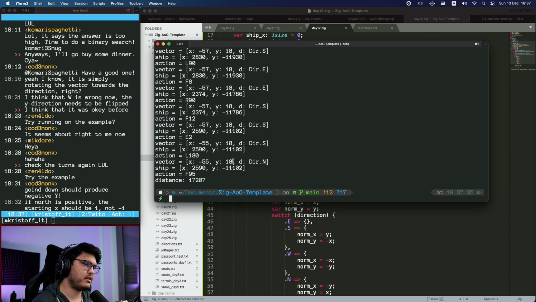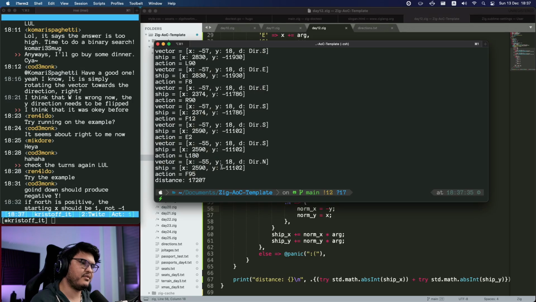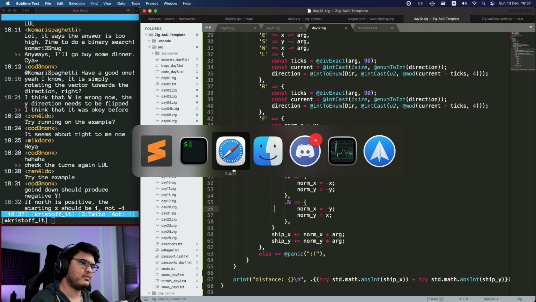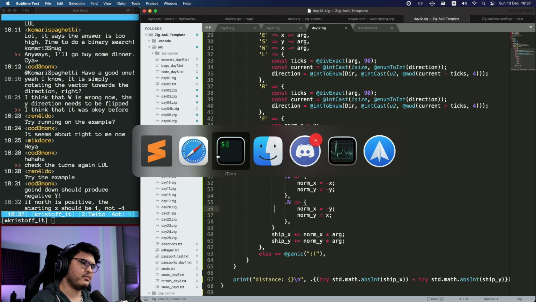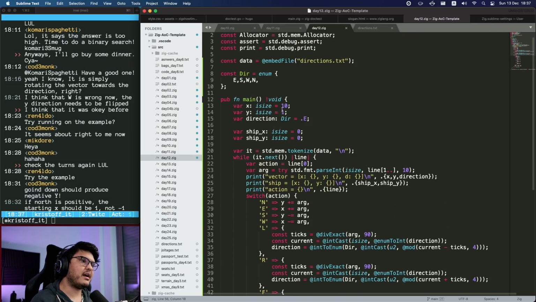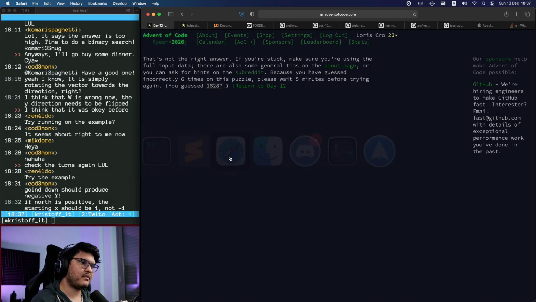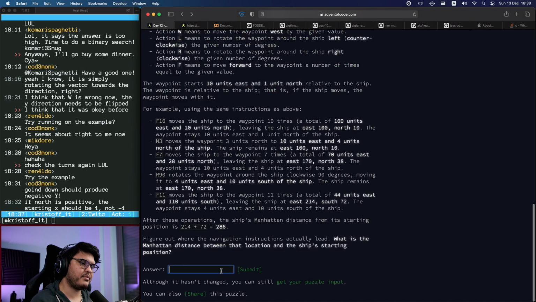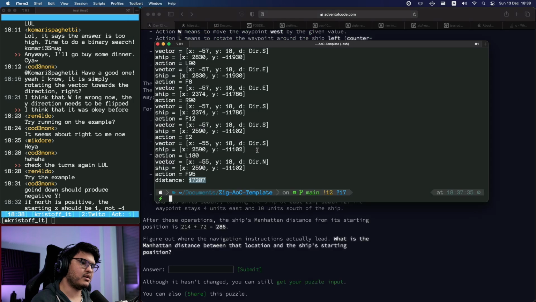Did I not run the code? Wait, did I not save? Have I tried 17207? No. Why is there a difference of 1? Oh my god, I might not have saved the change to -1. And that might have messed up my input. Oh god.